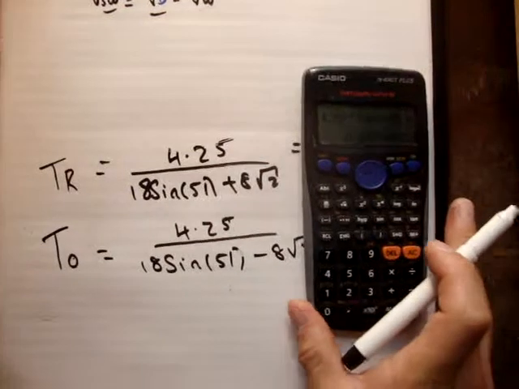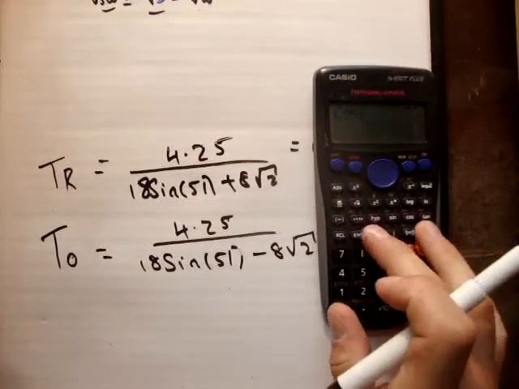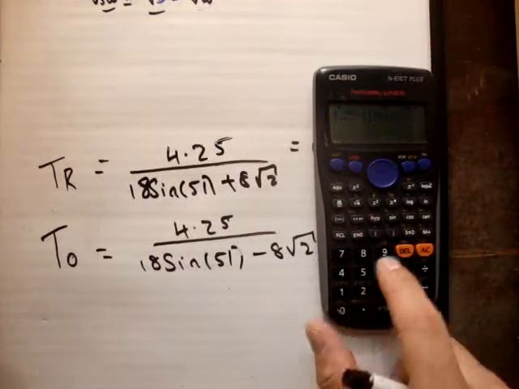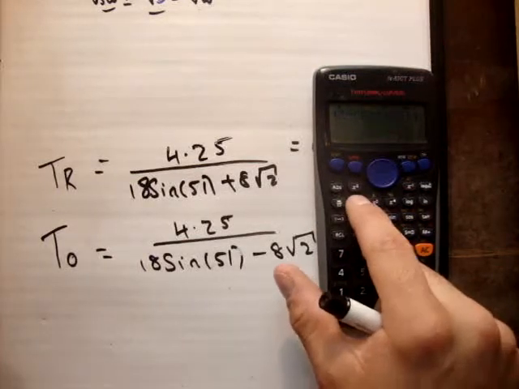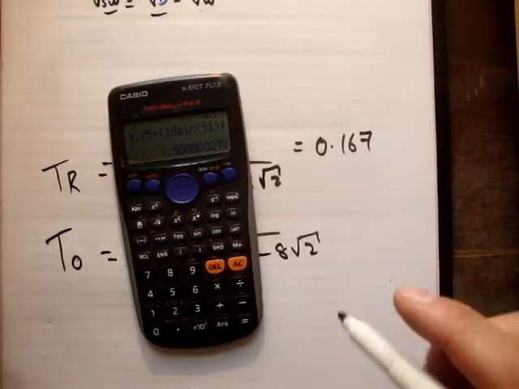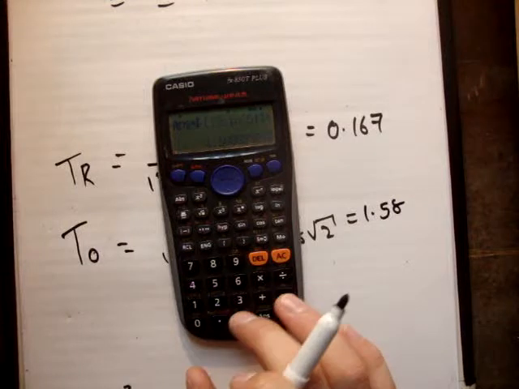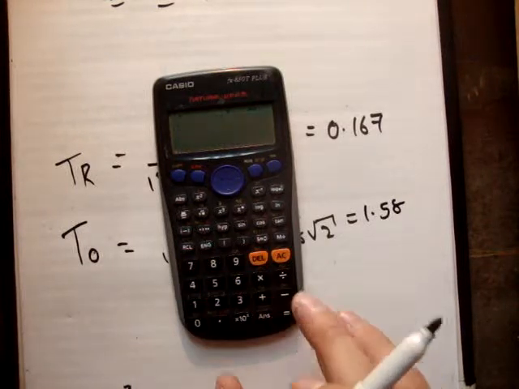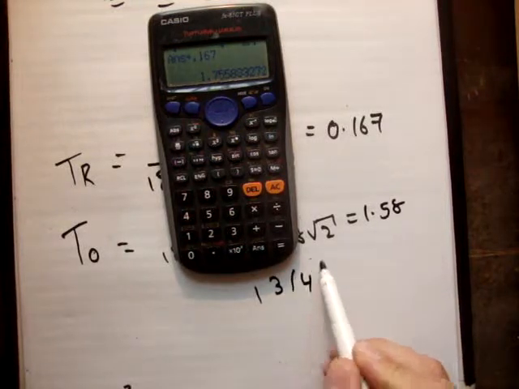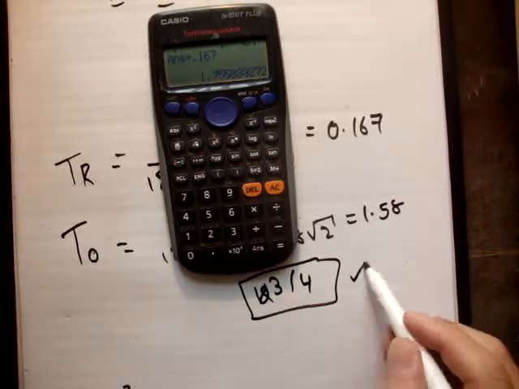Then we have 4.25 divided by 18 times the sine of 51 minus 8 root 2. Be careful with your brackets. That turns out to be 1.58. If you add the two together, 1.58 plus 0.167, you get 1.75 hours, which is 1 3/4 hours, which is correct.